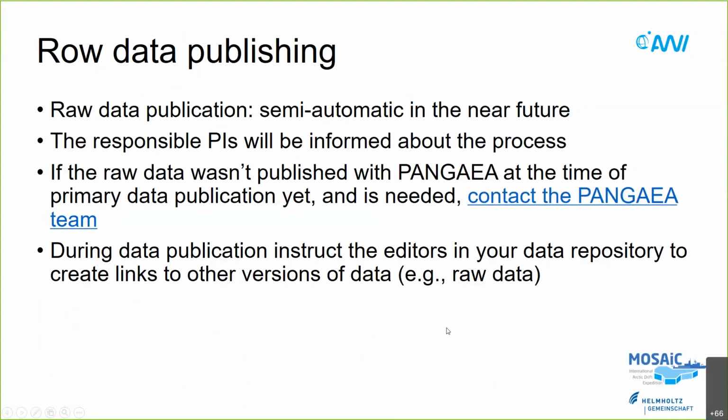We already have a couple of raw data sets archived in PANGAEA for those standard ones that we've been doing before. And for some, we still need to proceed with that. But the responsible PIs will be informed and asked for proofreading or for agreement to finally publish it.